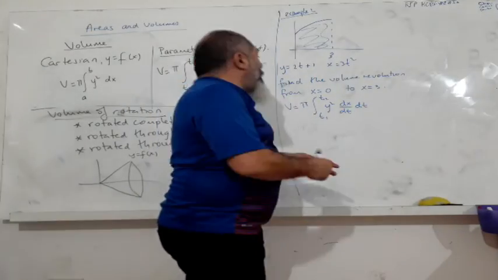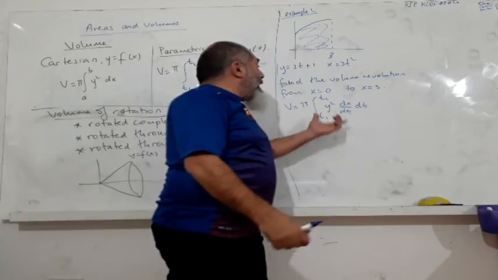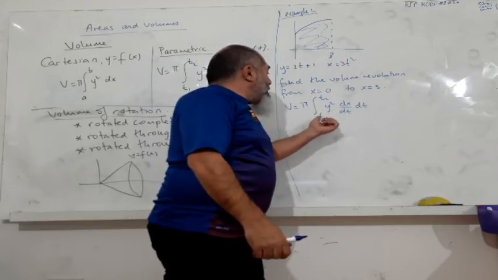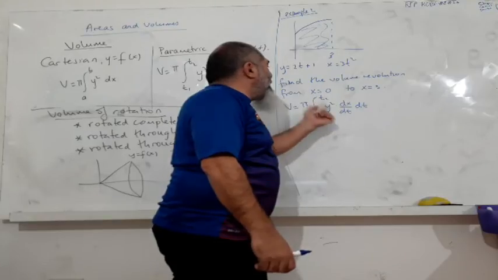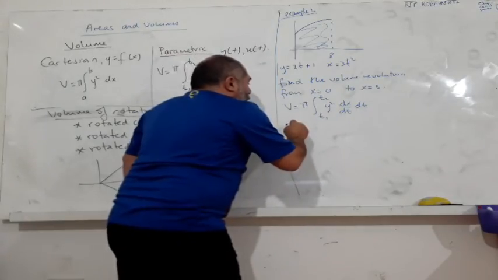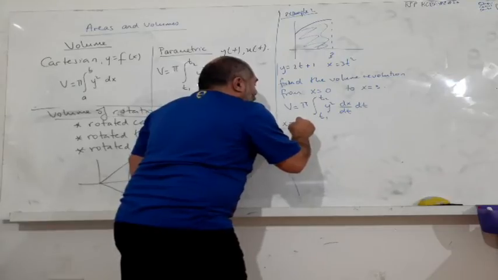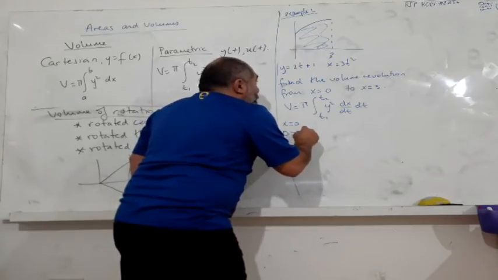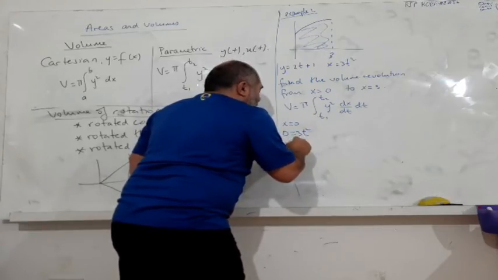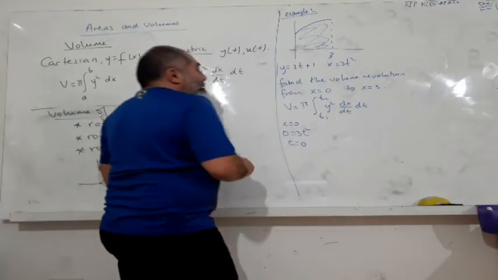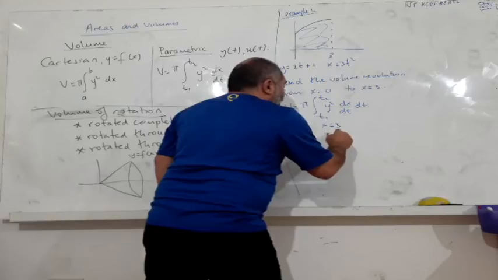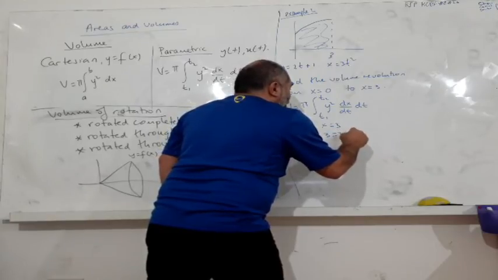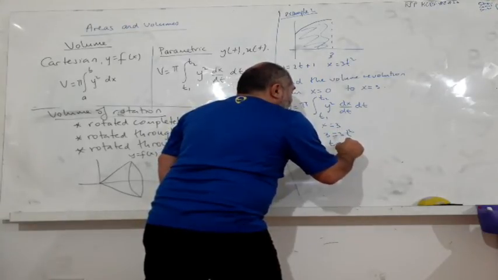So first of all, we have to obtain the t values. When x is equal to 0, 0 is equal to 3t squared, so t is equal to 0. And when x is equal to 3, 3 is equal to 3t squared, t squared is equal to 1, t is equal to 1 or t is equal to minus 1.